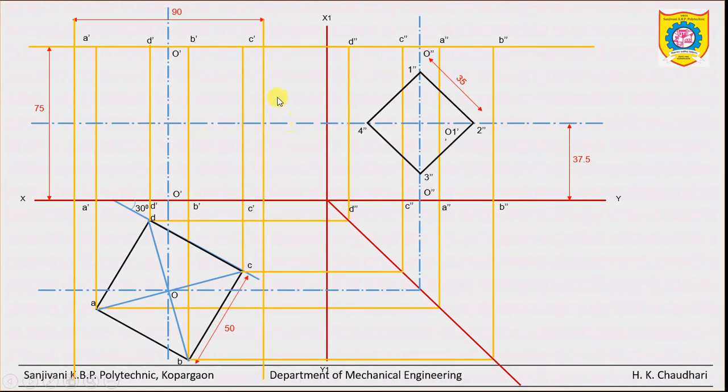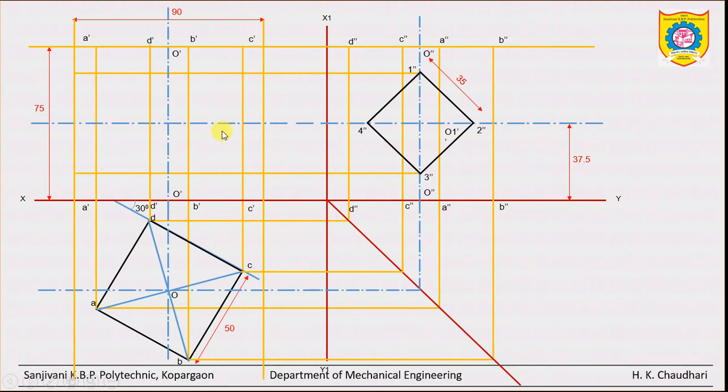Now see, draw the projection from 1. Similarly from 2, and 4 is already overlapping with this axis, and draw for corner 3. So these become the horizontal edges in the front view.